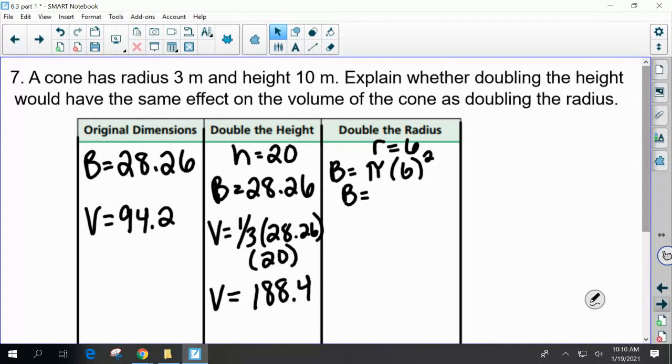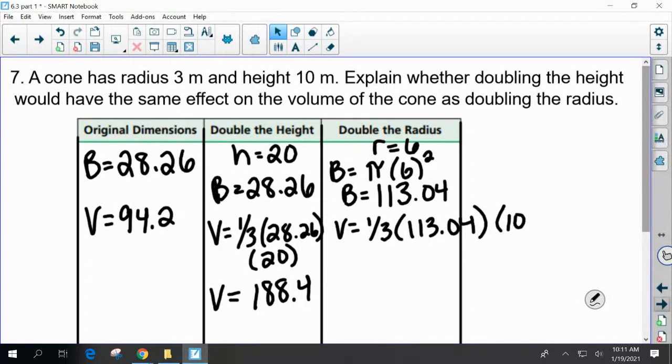So 36 times 3.14. What is it? 113.04. Okay. So then for the volume, I would take 1/3 times 113.04 times my height, the original height, which is 10. 376.8.